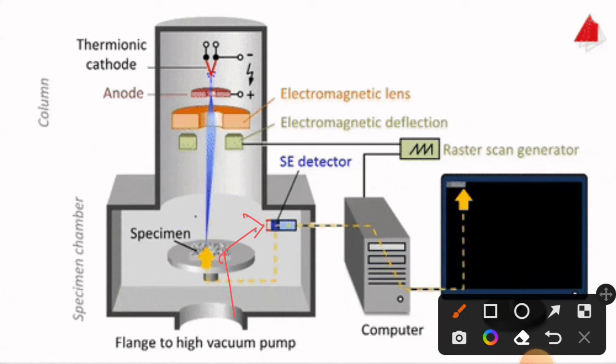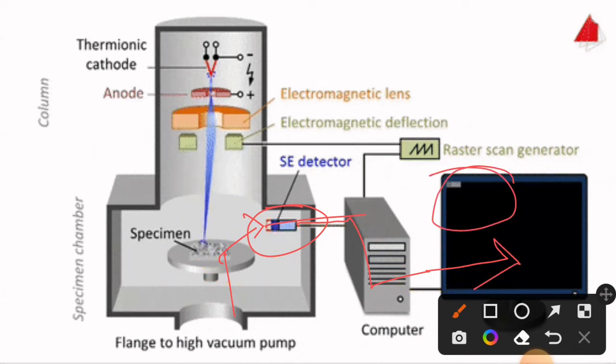This positively charged grid will attract all the negatively charged electrons towards the detector. After that the detector will transfer that information to the computer, and the computer will start generating the image.